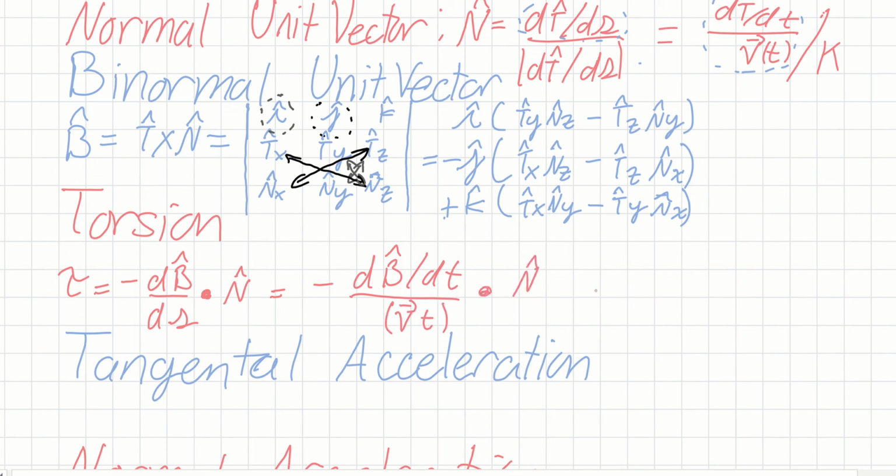Now for here, you should get a scalar because you're doing a dot product. So you should get just a number here when you're done with it. No more i's, j's, and k's after this. Because remember, a torsion is a number, which is a scalar.